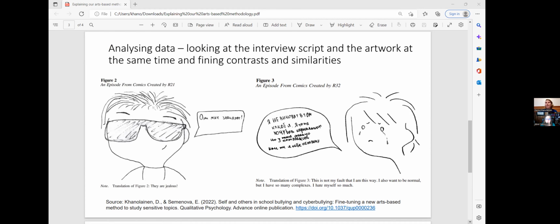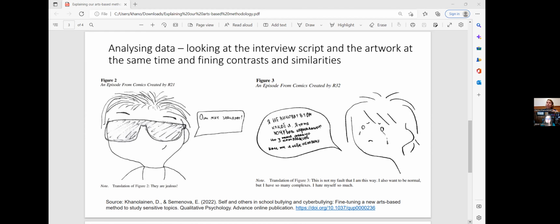Yes, and another thing to point out is that the word bullying has different meanings in different languages, and this study was conducted in Switzerland and in Russia. Especially in the Russian context, bullying is a very strong word, and it's only used when some physical violence is involved.